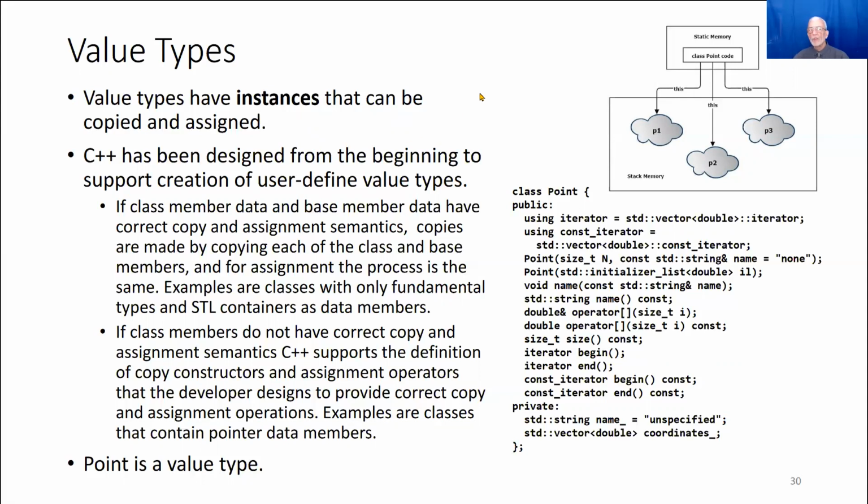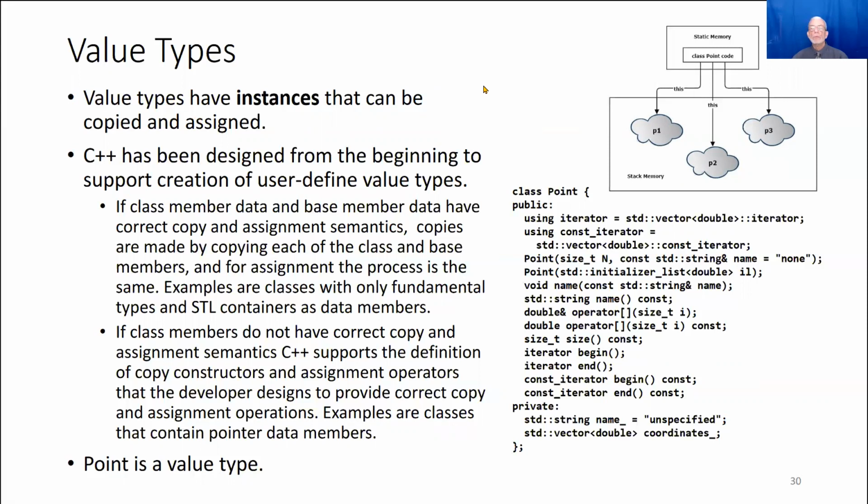In many languages, a value type can't have constructors and destructors or virtual types. In C# and Java, for example, it's that way. The D language has value types that can be implemented with user classes, but they can't be polymorphic. They can't have virtual functions. So C++ is unique in that form.